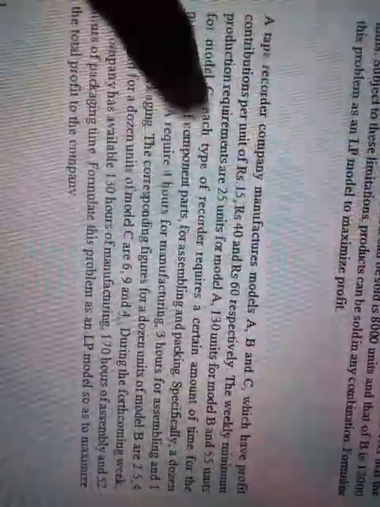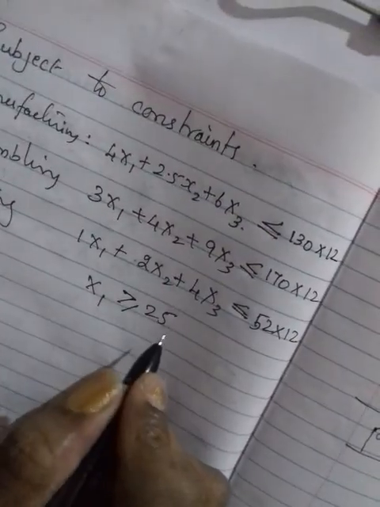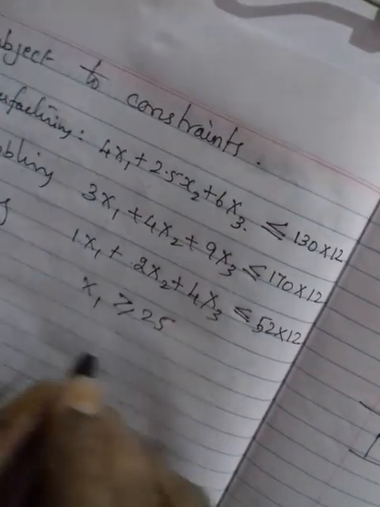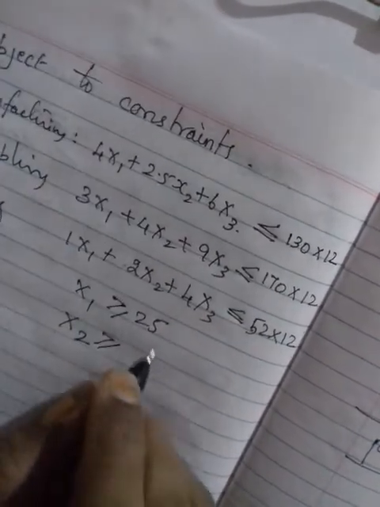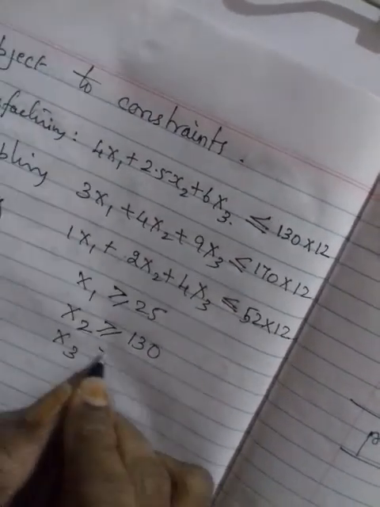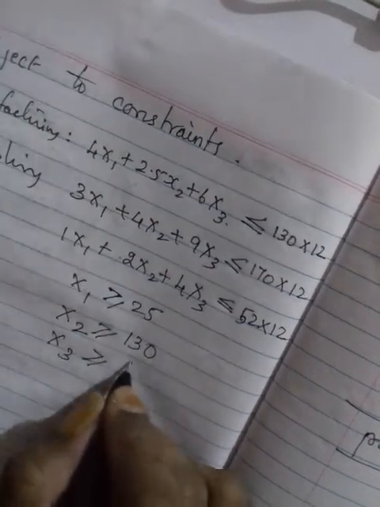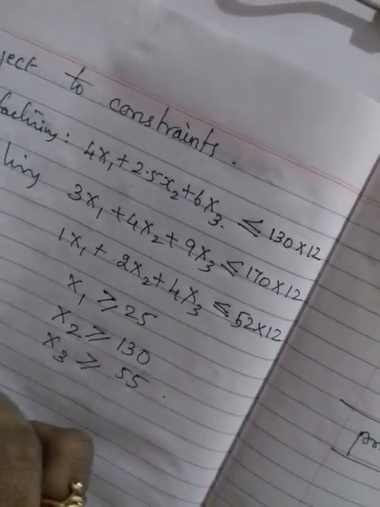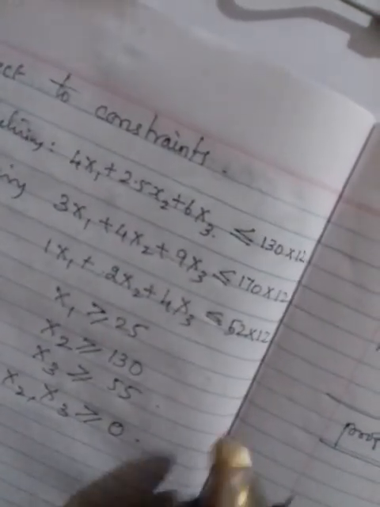Is it clear? Because here it is given minimum production requirement. So x1 is greater than or equal to 25. Similarly for model B, x2 is greater than or equal to 130. Model C, x3 is greater than or equal to 55. Now x1, x2, x3 are greater than or equal to 0.